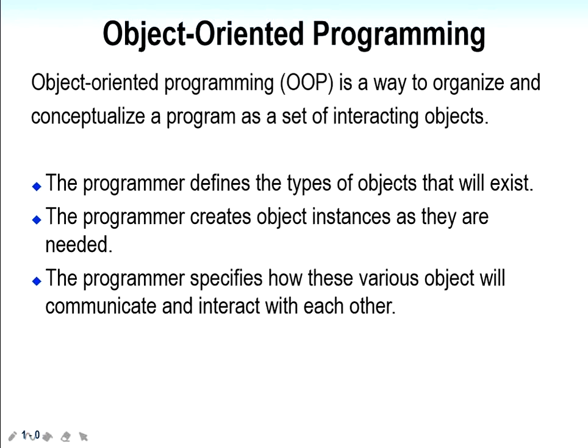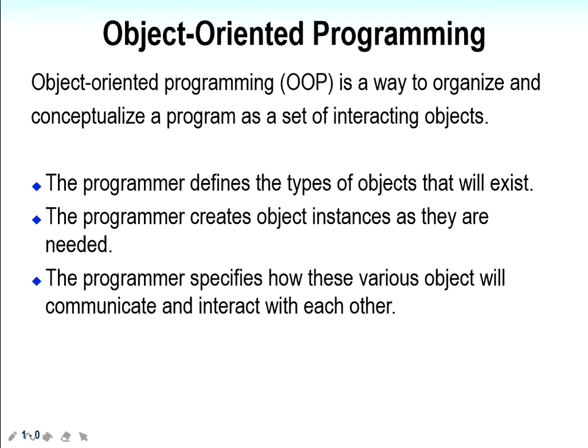And the third thing you must understand is the interaction between objects. We may have different types of objects, like student objects and teacher objects, isn't it? How do the teacher and the student communicate or interact with each other? That also should be defined by the programmer himself.